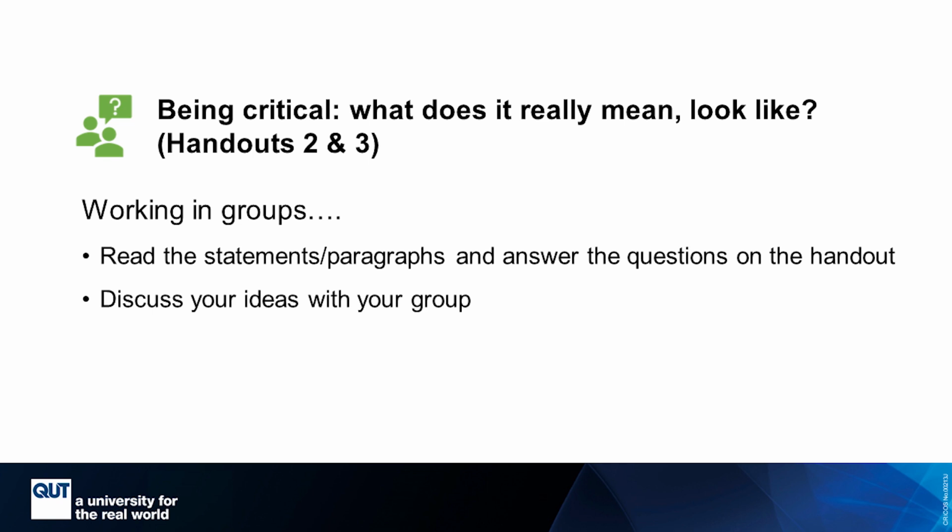What I want to move on to now is thinking about being critical. So now that we've had a really good look at a paragraph and we think, okay, now I know a little bit more about structuring paragraphs, there was a critical piece in that last paragraph. So I want us to think about what does it really mean to be critical? And you may have read this in the resource, but I'd just like us to review it now.